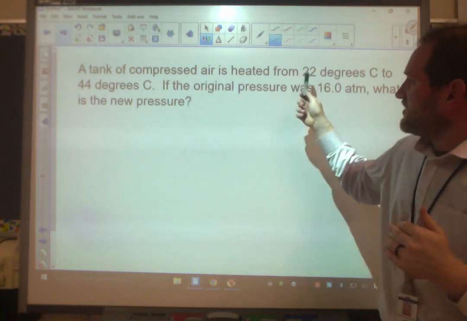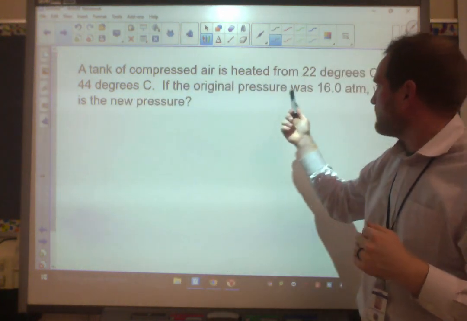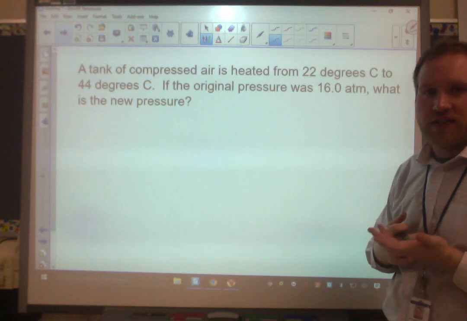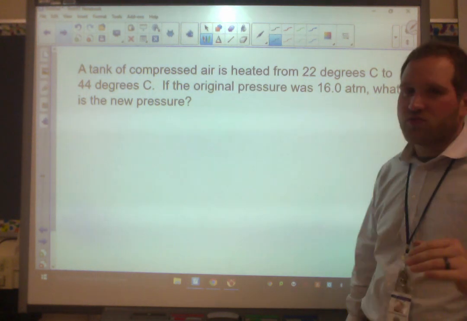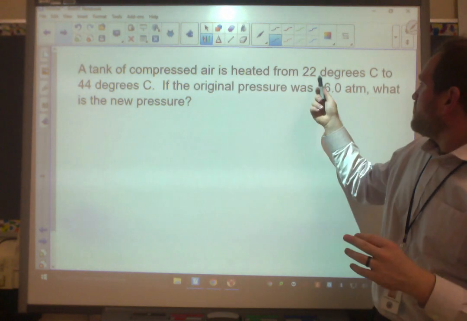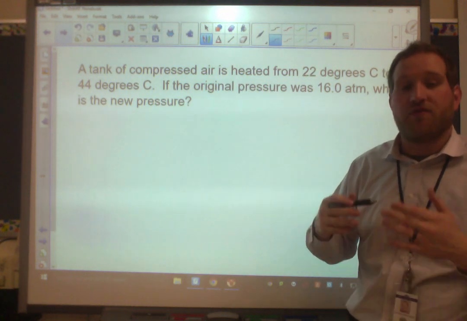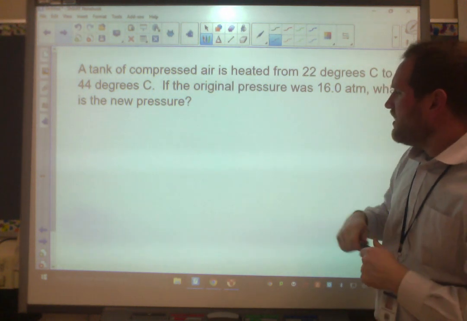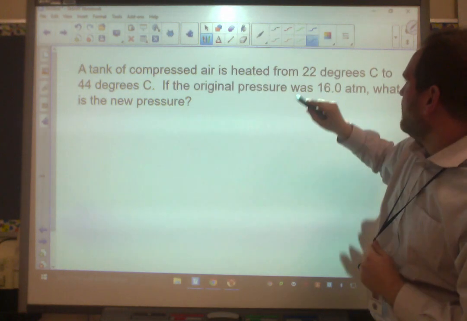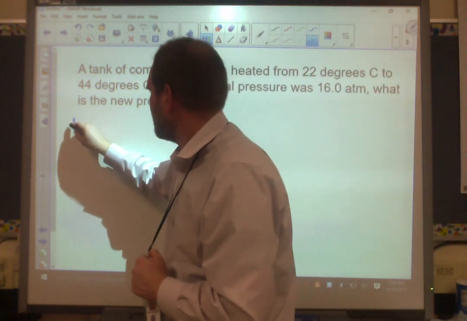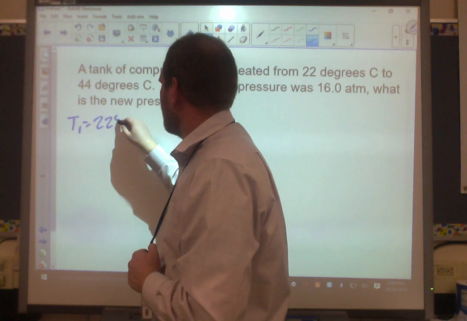And you might think since the temperature doubles, the pressure is going to double from 16 to 32 ATM. But that's not true because the temperature didn't really double. 22 Celsius to 44 Celsius is not a true doubling of temperature. If it were Kelvin, then yes. All right, so let's see what we have here. So we have the starting temperature, T1, is 22 degrees Celsius.